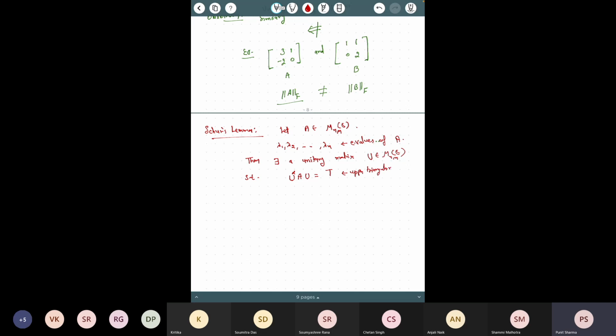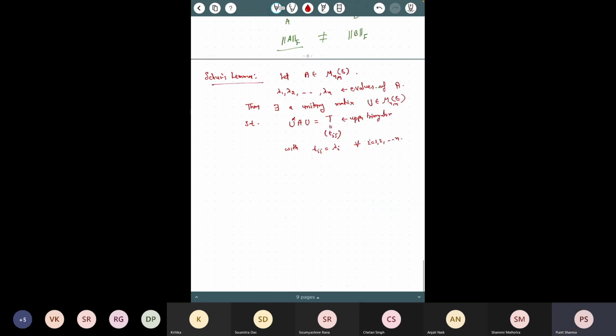So if I denote the entries of T by T_ij, then this result says that there exists a unitary matrix U such that U star AU is T with T_ii equal to lambda_i. That means the ith diagonal entry of this upper triangular matrix is nothing but lambda_i for each i equal to 1 to n. Okay.